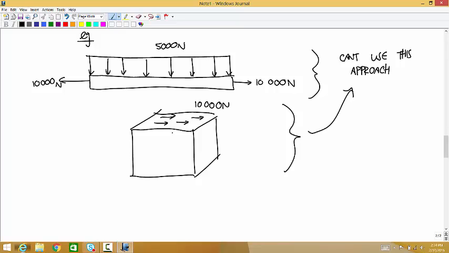Practically speaking, could that happen? Well, I guess unless this is going to accelerate off to the side really fast, you'd at least need something on the bottom counteracting that.